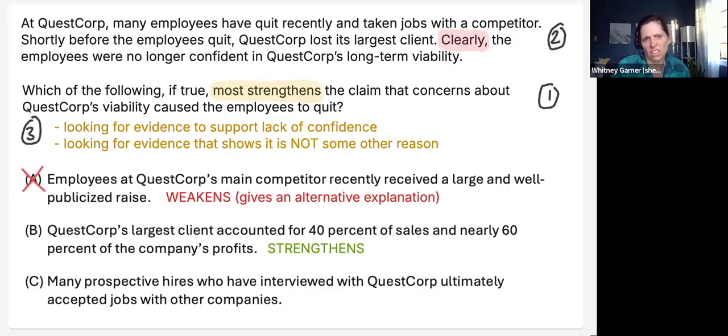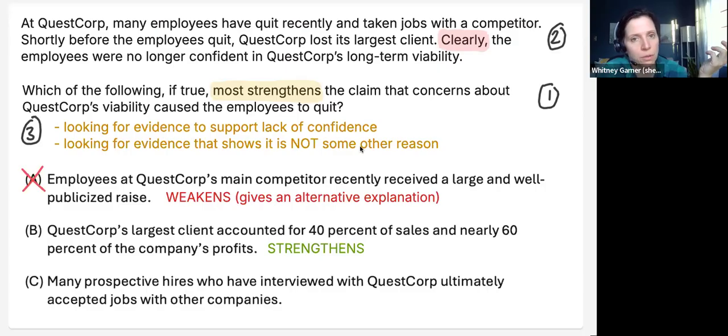So what do we think? I mean, that's not a good sign that prospective hires ultimately choose other companies, but this argument is about employees who were working there and who left. So absolutely, I agree, this is where we get to irrelevant, because we're not talking about prospective hires.